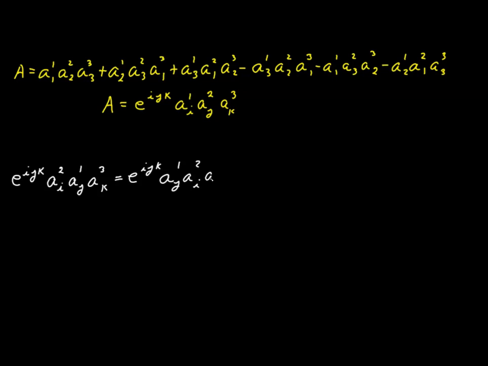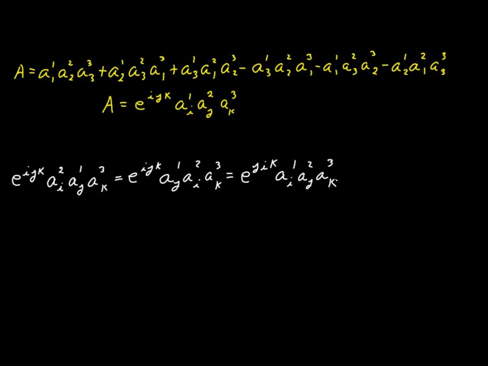And now, with our rules of tensor calculus, we can rename indexes. So I'm going to rename i to j and j to i. And that will be E jik times A1i, A2j, and A3k.